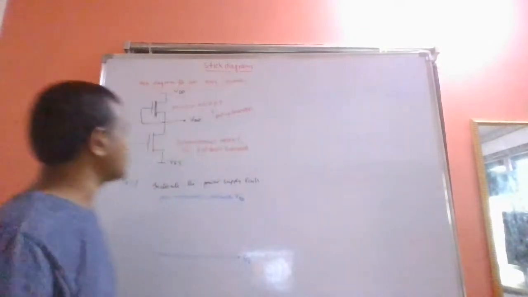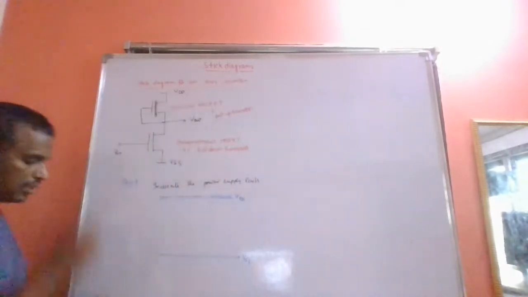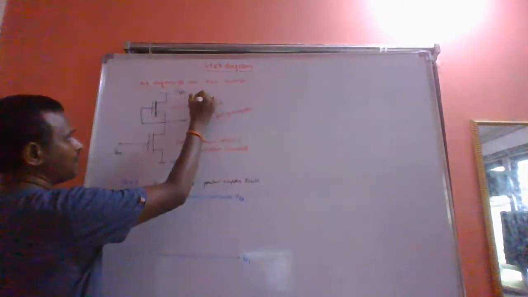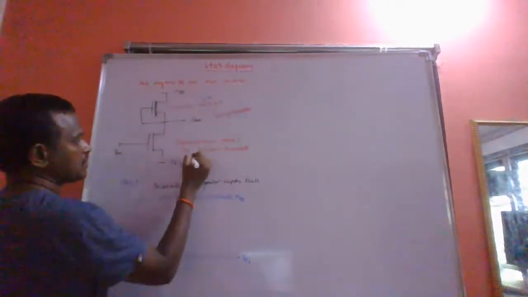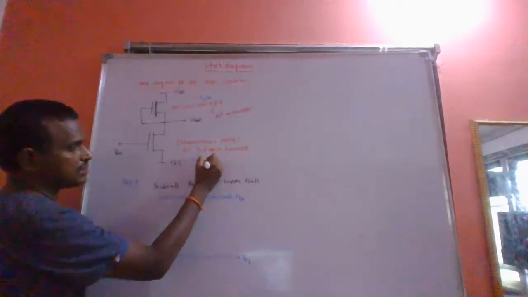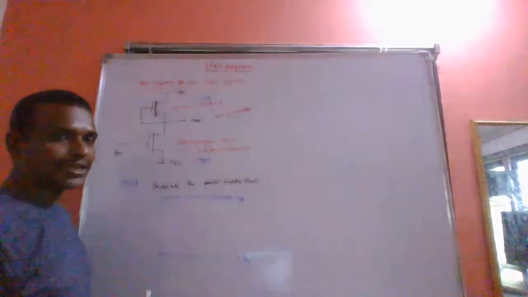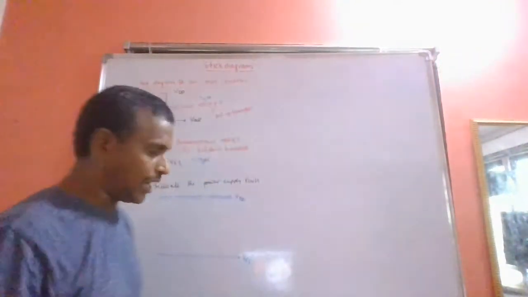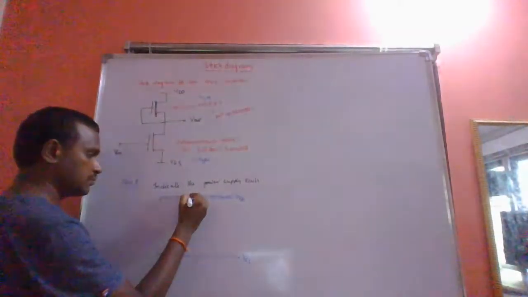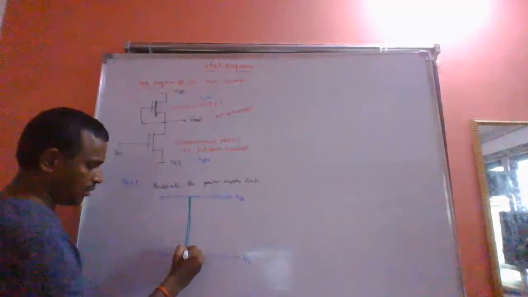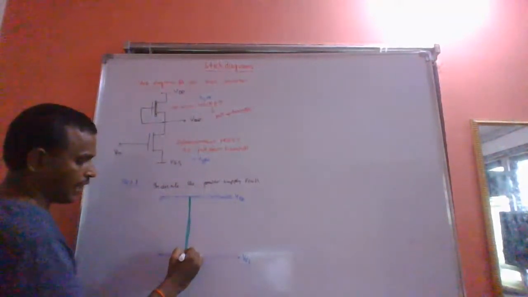So here, I will consider the N type material, or N diffusion. First I will draw the N diffusion line.